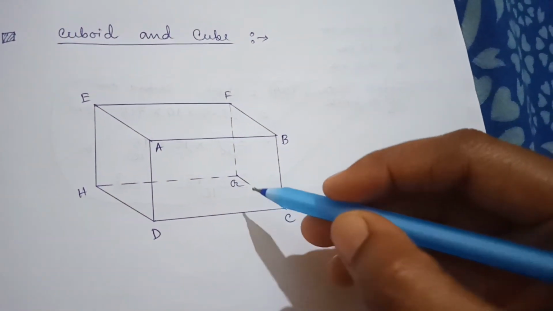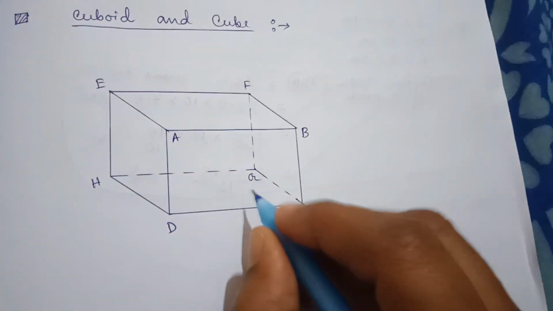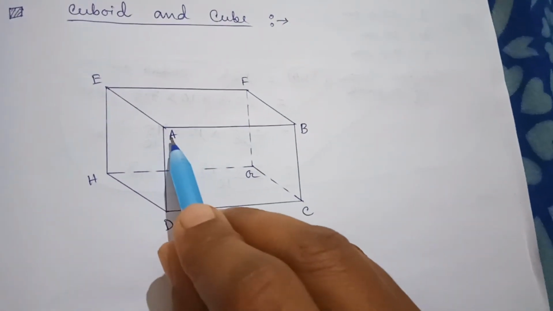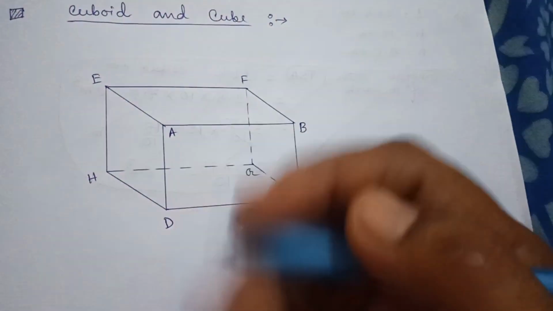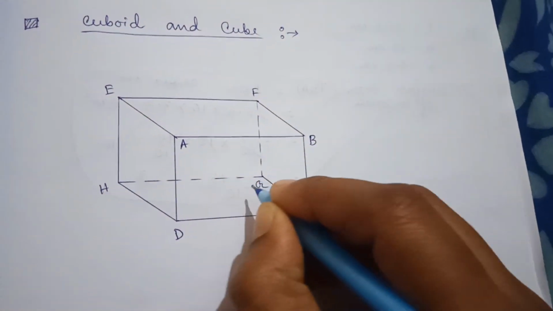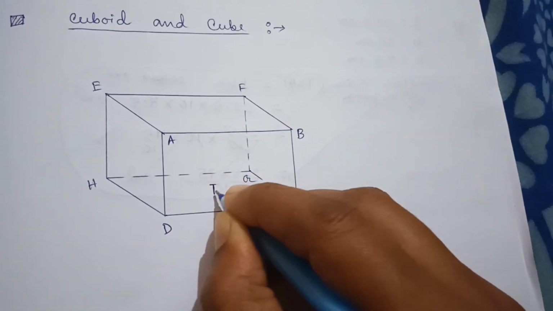Which are those? I am giving names on the figure so that you can relate to it. The figure A, B, C, D, that means the front face, I am giving as number 1.